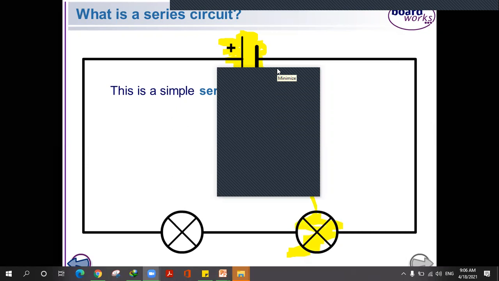Yusuf and Muhammad, you guys are raising your hands. Do you need anything? Miss, at the battery, you said one side is negative and one side is positive. Yes. When you get a battery, they put a plus and minus on it. Yes, the maker shows you with instructions.